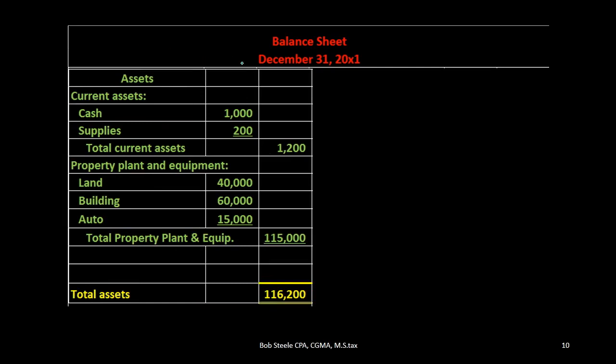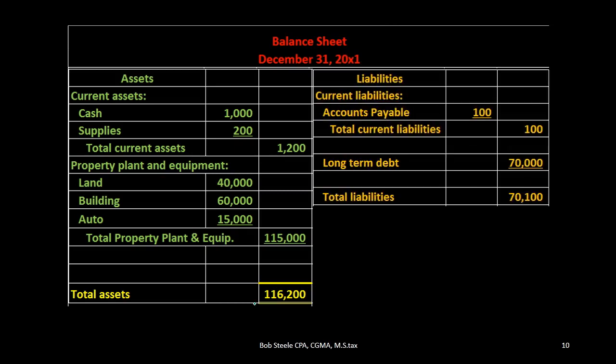Therefore, the balance sheet, as of a point in time, December 31st, 2000x1 in this case, has the assets, the current assets and property, plant, and equipment being the two subcategories of assets. We have the subcategory accounts on the inner column and the totals pulled out to the outer column. We then have total assets on the bottom line of the assets section.